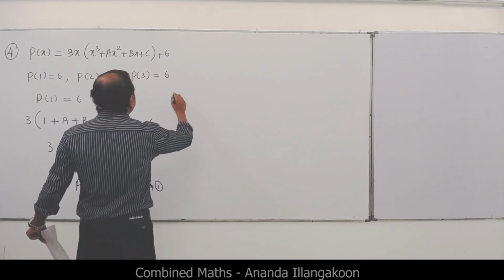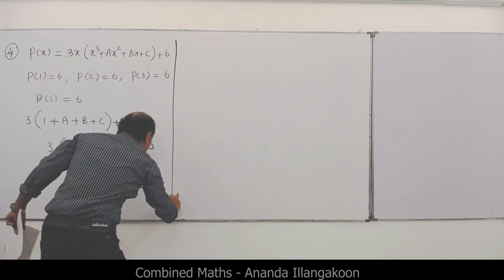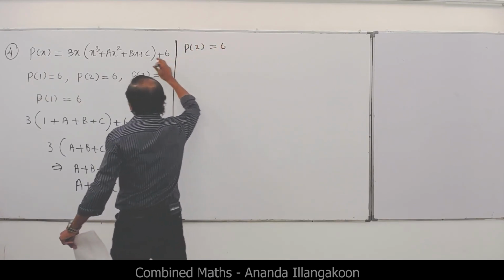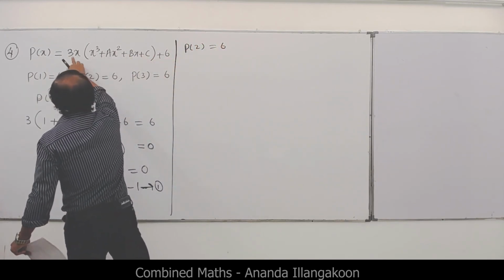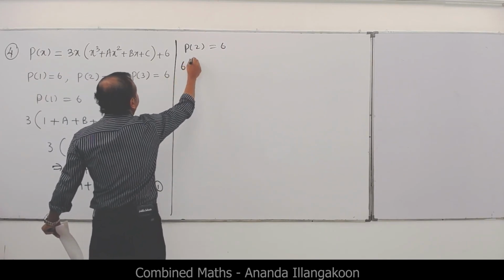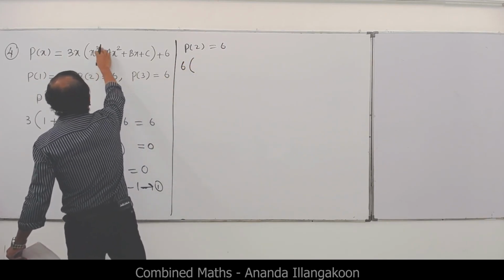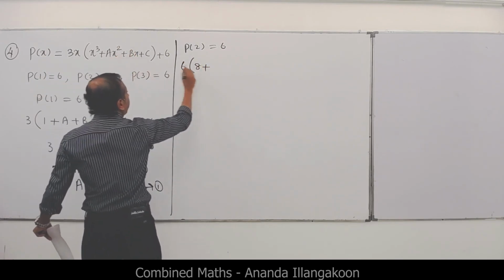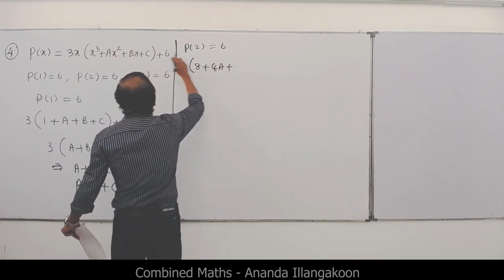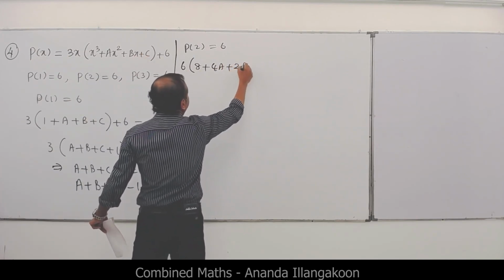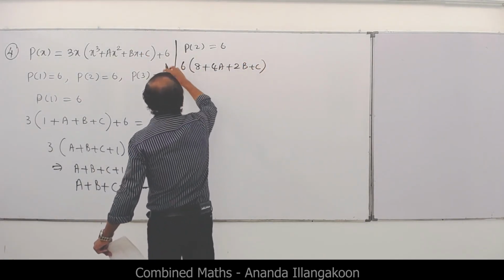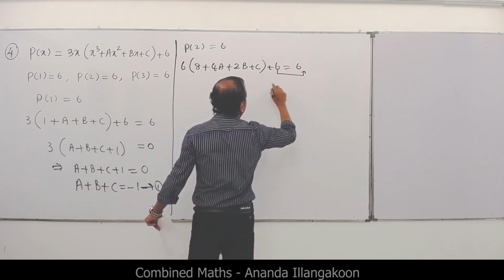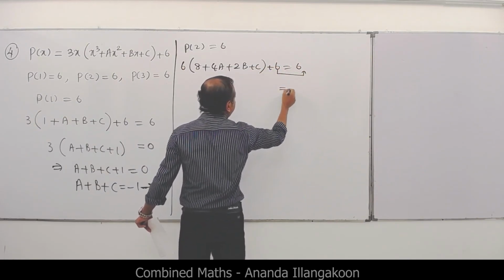Secondly, P(2). P(2) is also 6. P(2) means we put x equals 2, then 3 into 2, 6. Here 2 to the power 3, 8. 2 squared 4, 4A. And here 2B and C plus 6 equals 6. Again take the 6 to the right hand side, then you get right hand side 0.